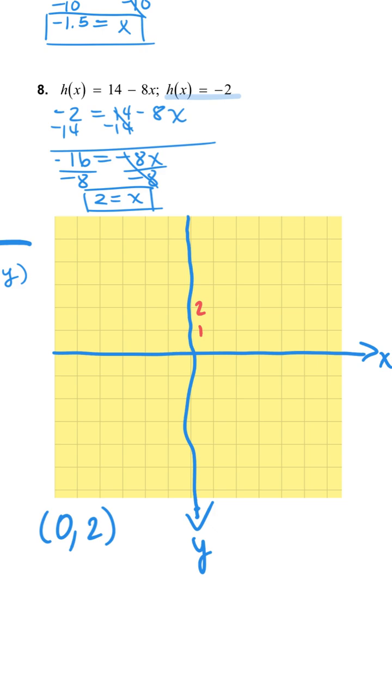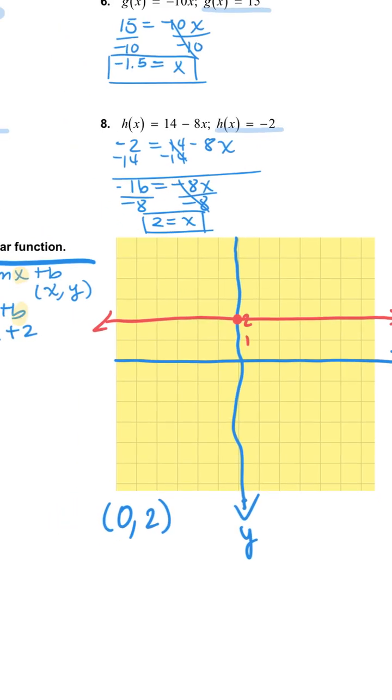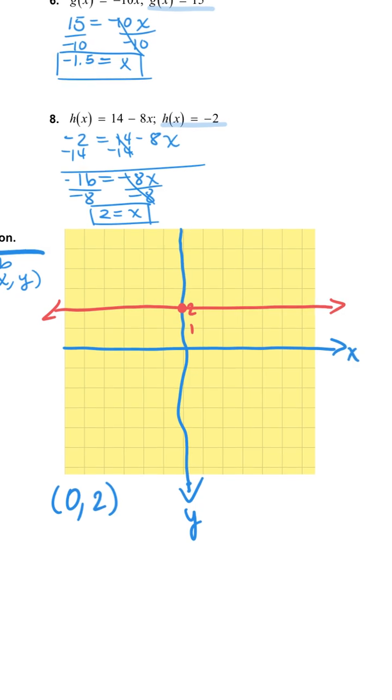We know that this is the origin, which is 0. So here is our point. And it's going to be a straight line. And that's our answer. There's nothing else to do. We do not need to create a what? A table. Correct.